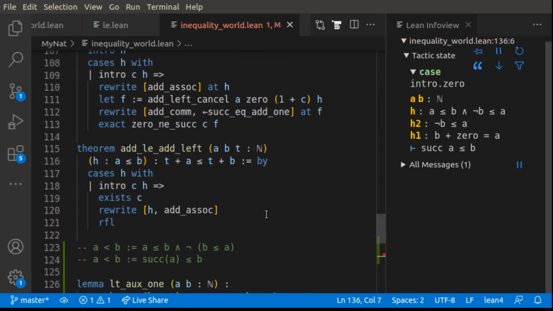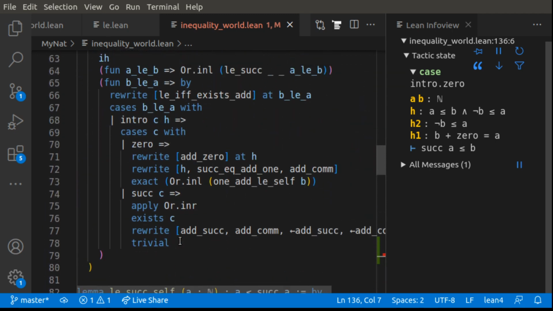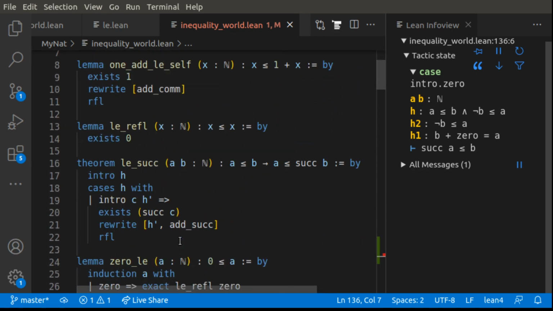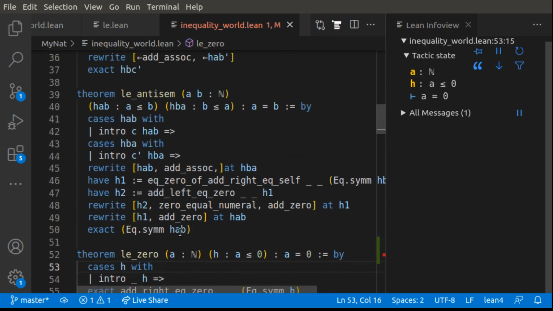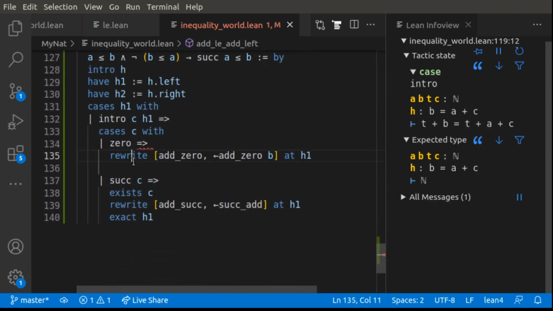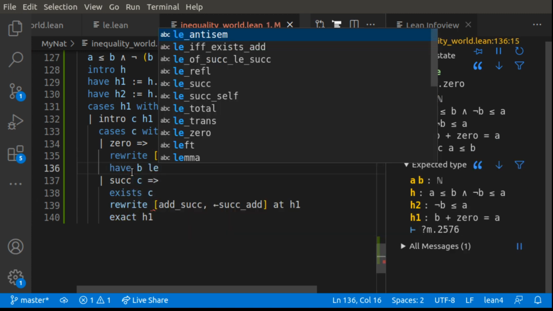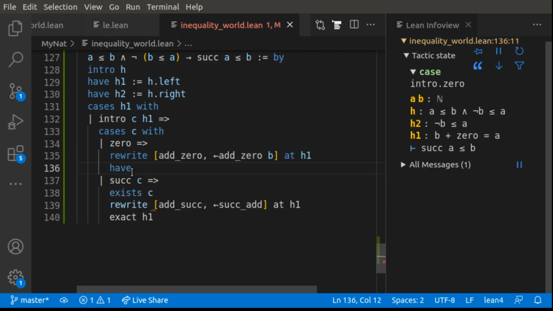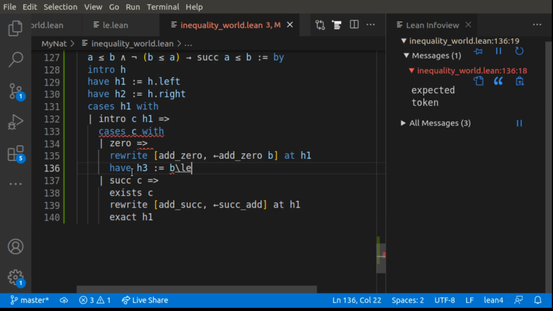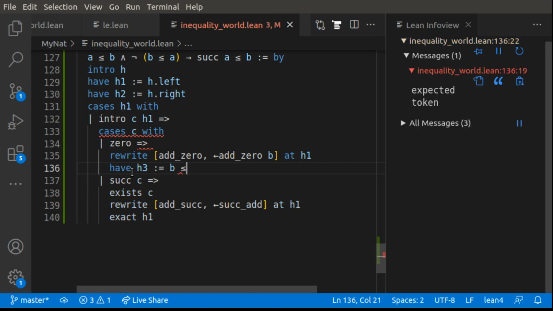And now how do we turn something into a less than or equal? Can we just do, let's see, H3 be defined as B less than or equal to A. Does this work?